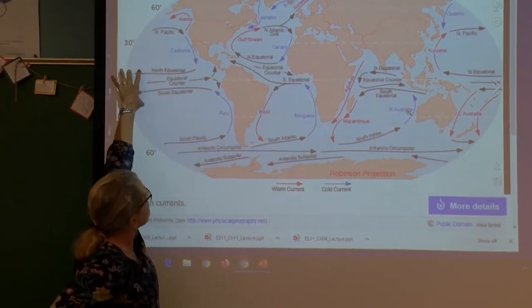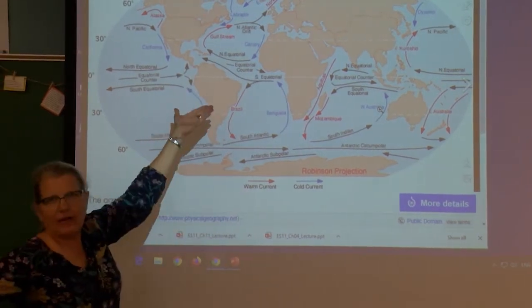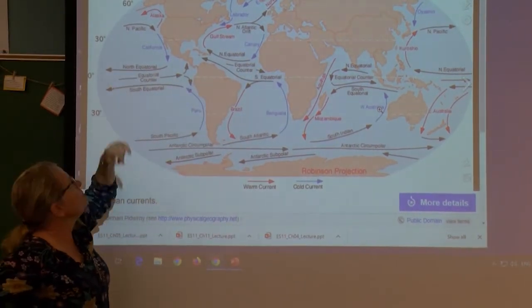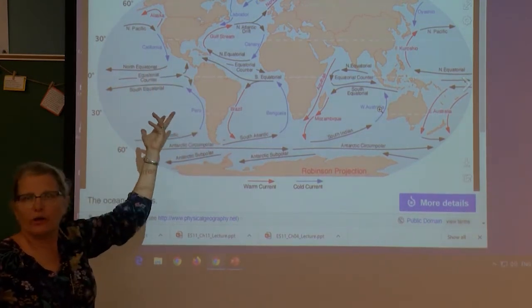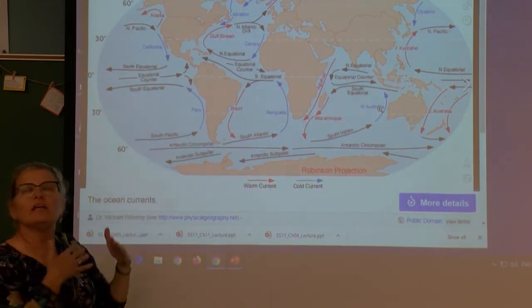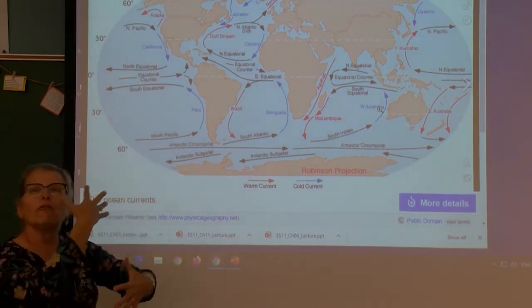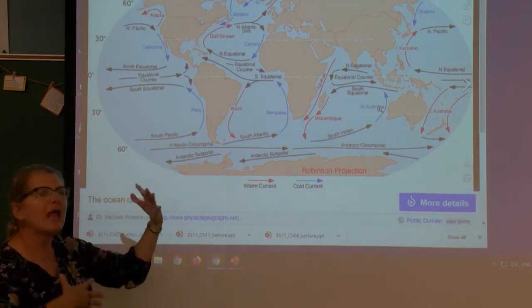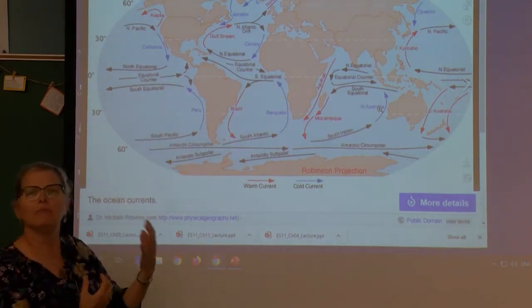Anyways, in the tropics, of course, the ocean in the top layers is very warm. And at the poles, of course, it's very cold. So these currents are driven by the desire for equilibrium. Everything is trying to get to equilibrium.